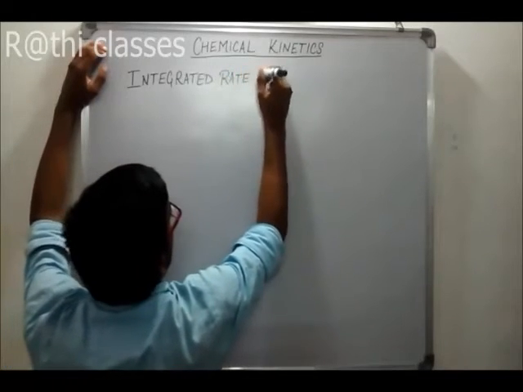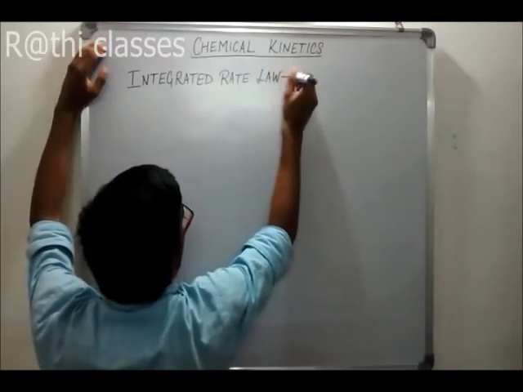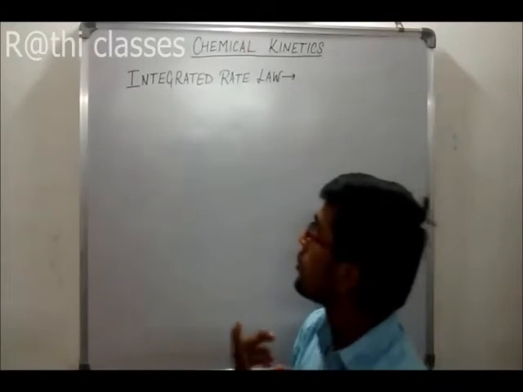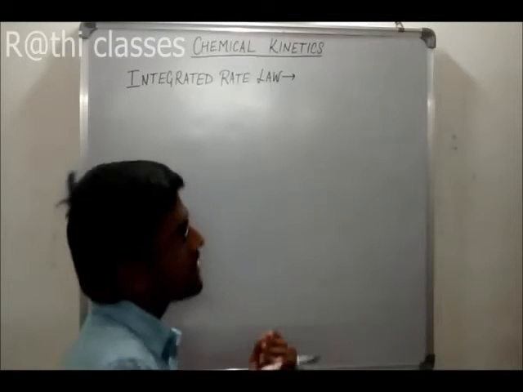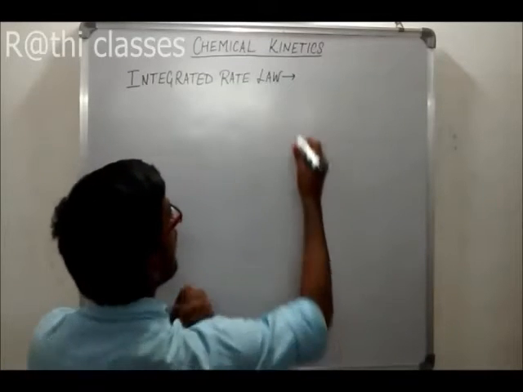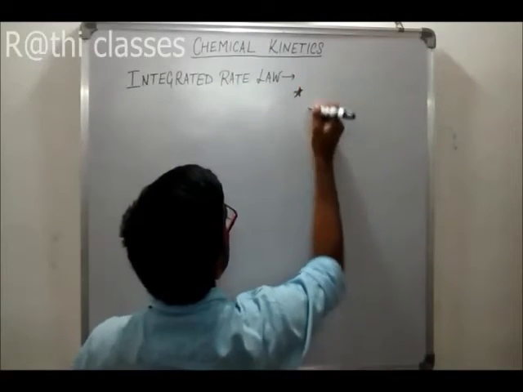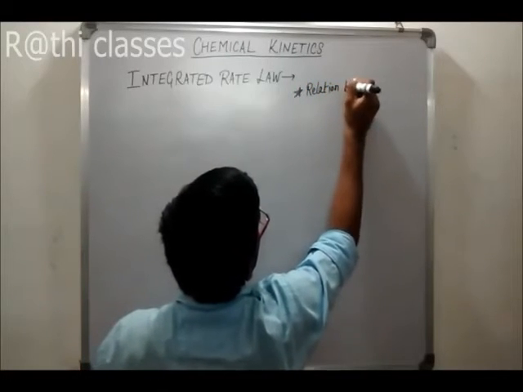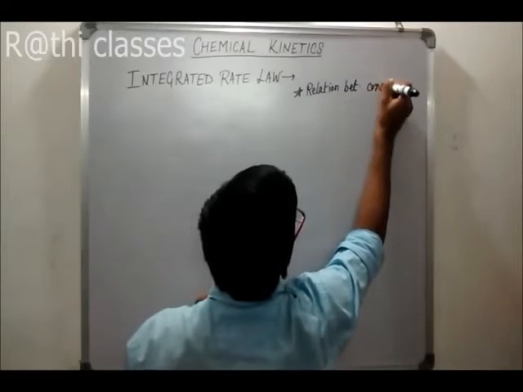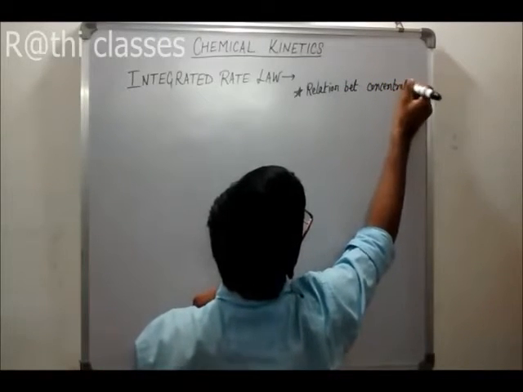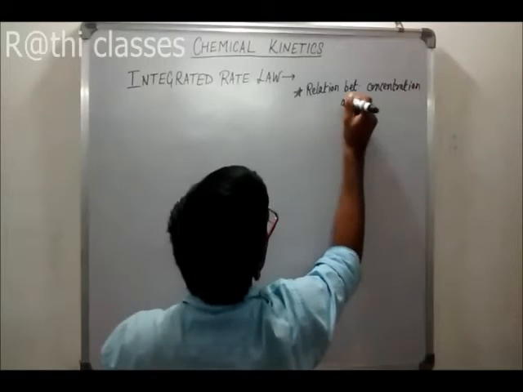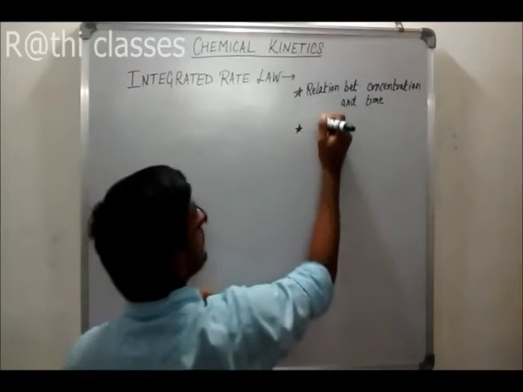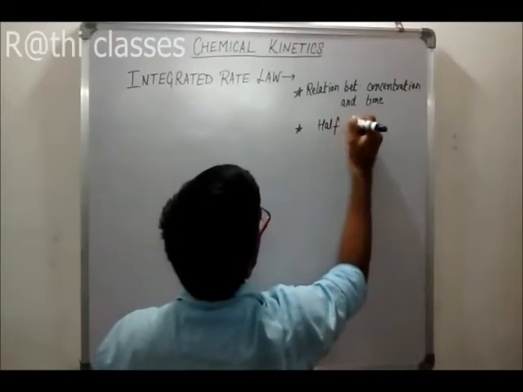As I told, this is the most important part of this chapter. Now, our task will be to derive two main results. First is the relation between concentration and time, and the next is the result for half-life period.